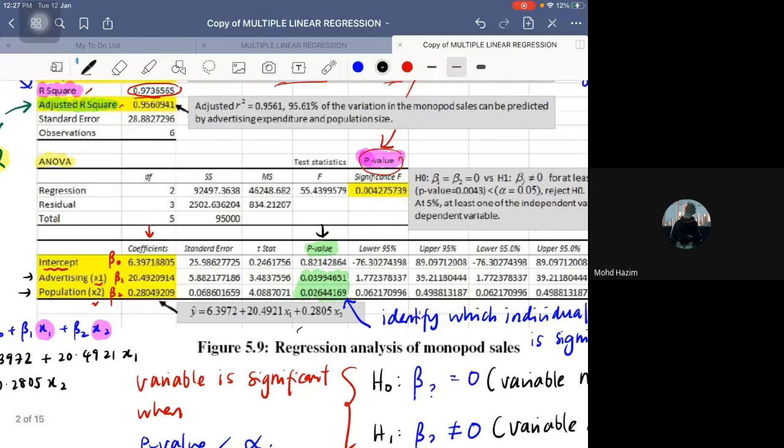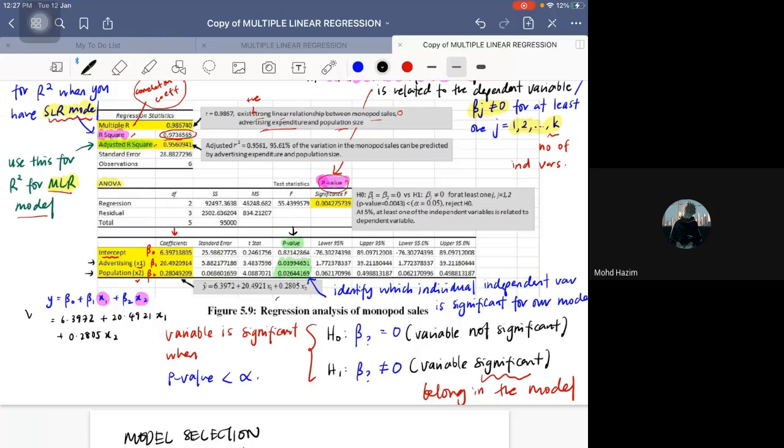We test each individual variable, whether or not it is related to the dependent variable. If I were testing variable number 1, I'm going to have H0: b1 equals 0 versus H1: b1 is not equal to 0. Remember, if b1 equals 0, that means the gradient is 0. This is the idea of the linearity test.